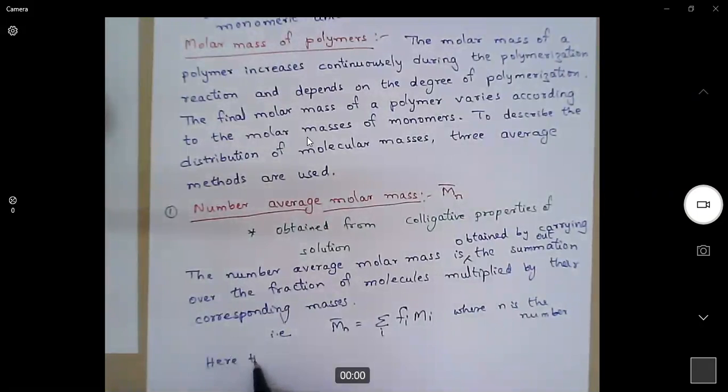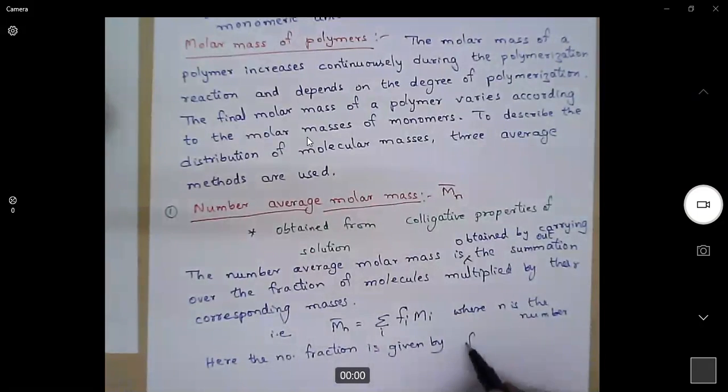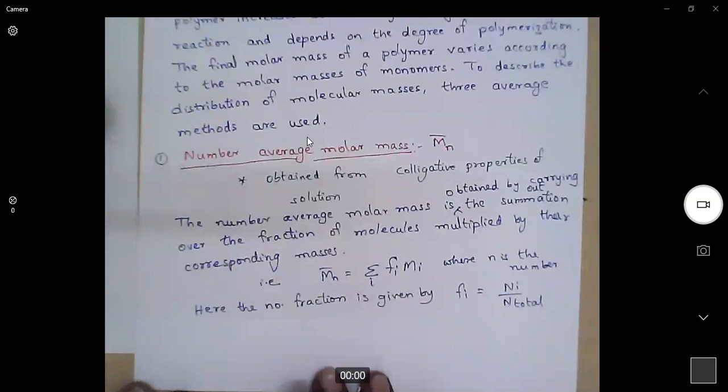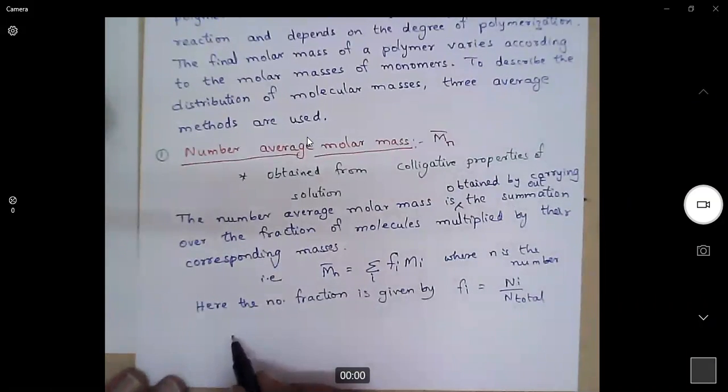Here, the number fraction is given by Fi is equal to Ni by N total.